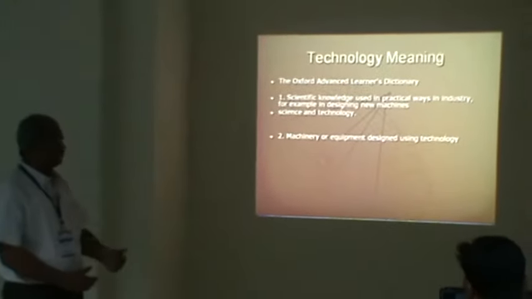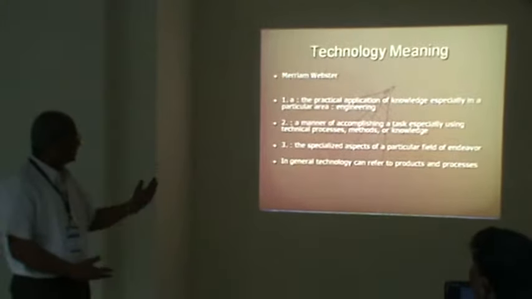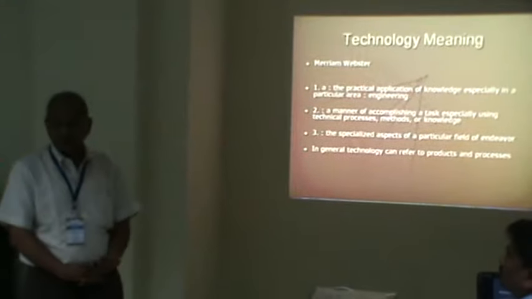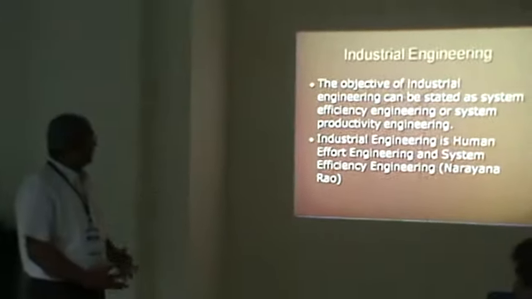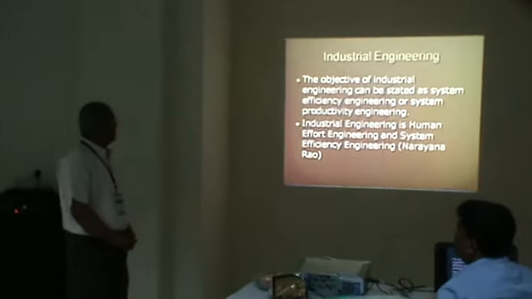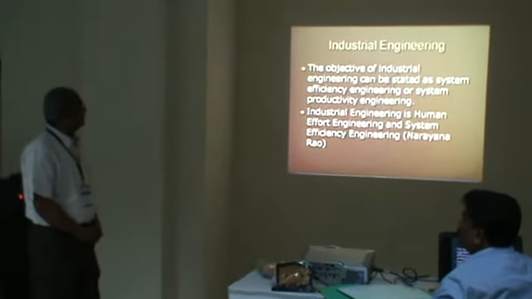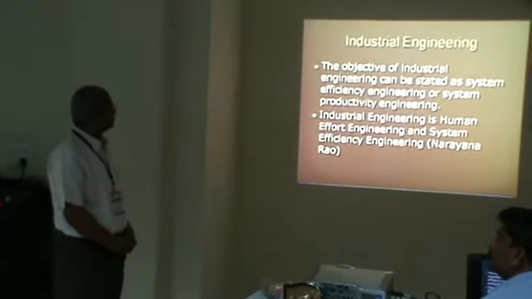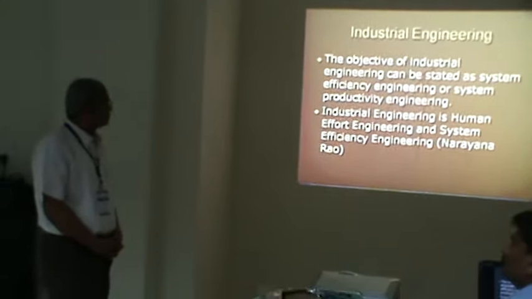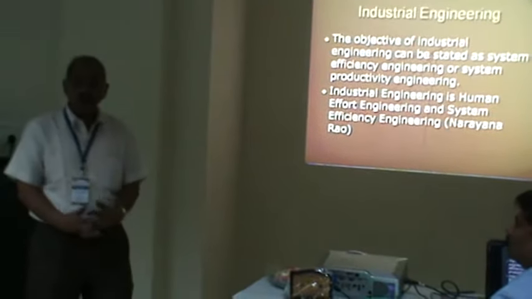This is the definition of technology, where we can say both products and processes are termed as technology. But the idea that I am talking of is that you can say the objective of industrial engineering is system efficiency engineering or system productivity engineering. Now who said so?